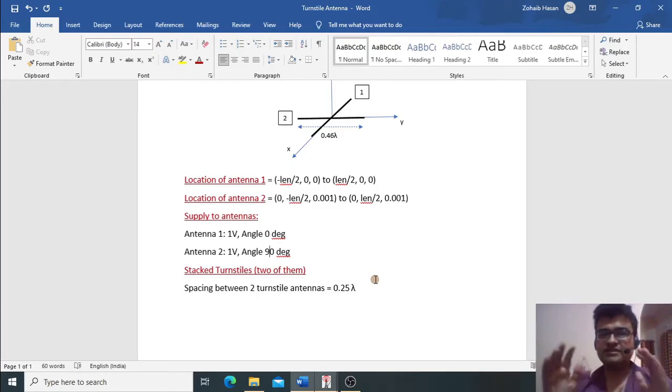So in order to increase the gain, we will not use a single turnstile antenna. We'll stack two turnstile antennas one over the other, so that we'll see how more stacks increase the gain. And that's what is done in commercial TV transmitting turnstile antennas. So let us start.